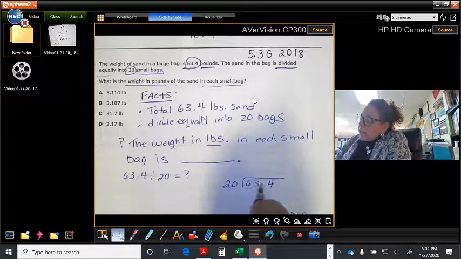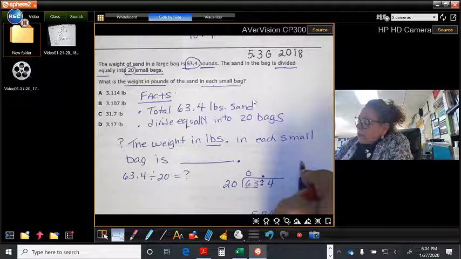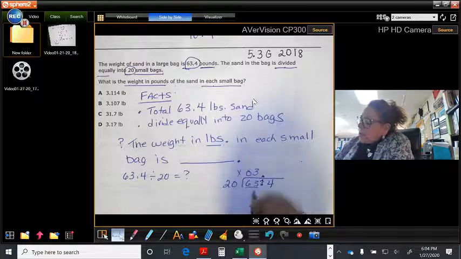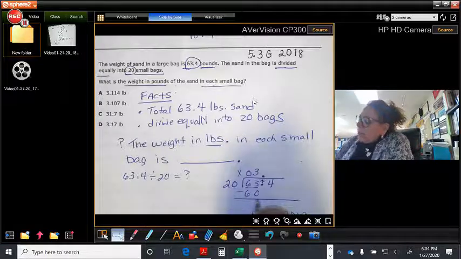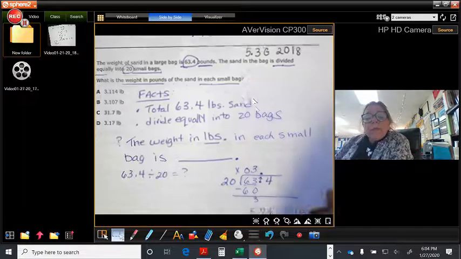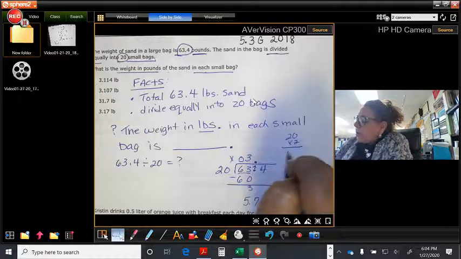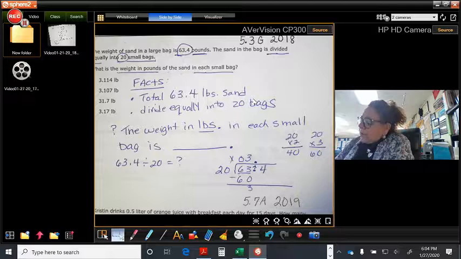And remember that when we are dividing with decimals, it just moves straight up. 20 cannot go into 6, but 20 can go into 63 3 times. 3 times 0 equals 0. 3 times 2 equals 6. And remember, if you're still getting confused about that, you can do 20 times 2, 20 times 3, and then you have that.